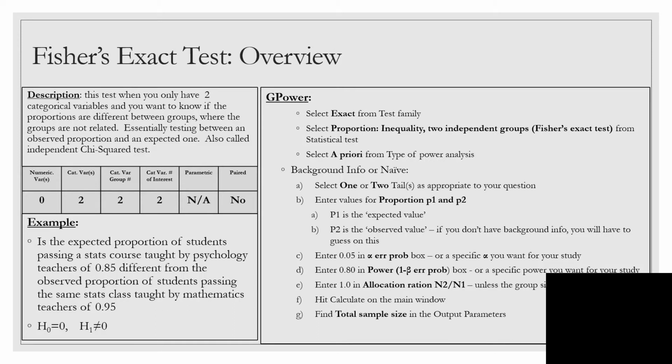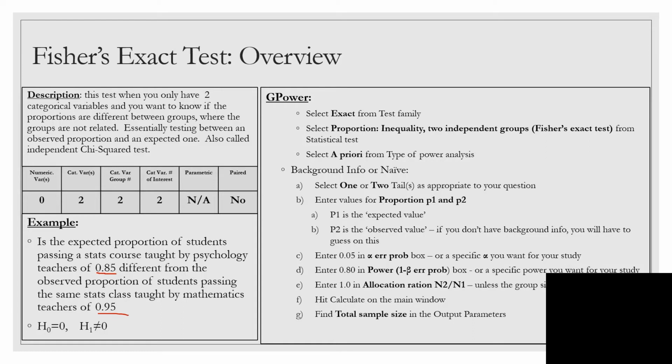It's also known as an independent chi-squared test. So an example might be is the expected proportion of students that pass in a psychology teacher stats course different from the one taught by mathematics.